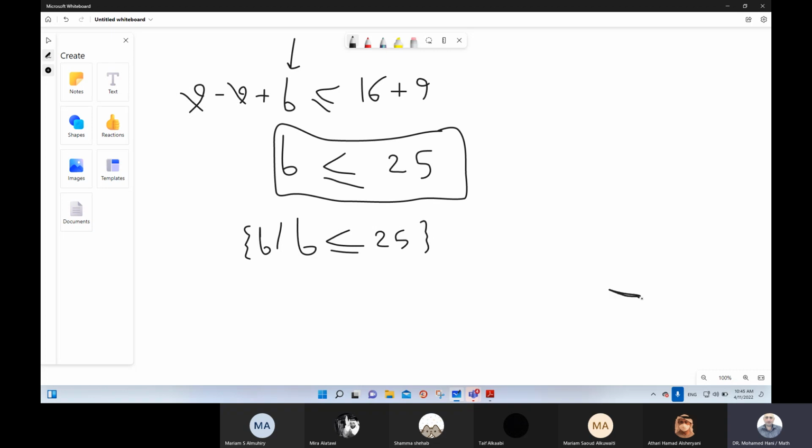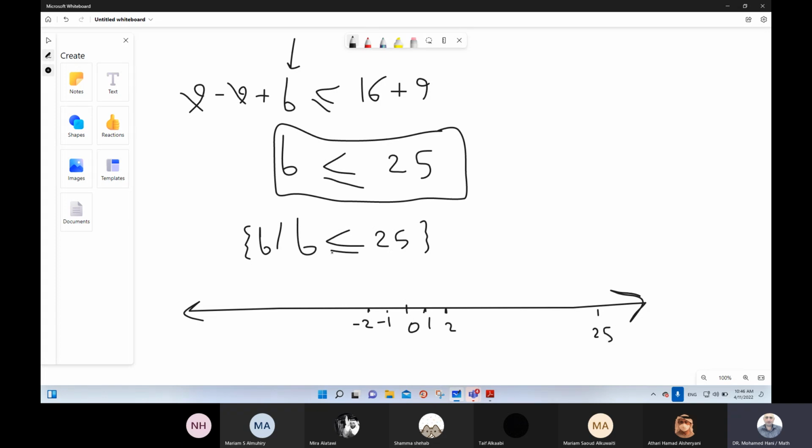If you want to graph this inequality, draw the number line, and represent 0 in the middle. Always remember, to the left we have the negative values, and to the right we have the positive values. 25 is positive, so represent 25, for example, here.